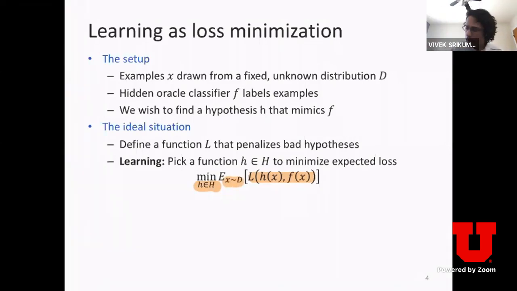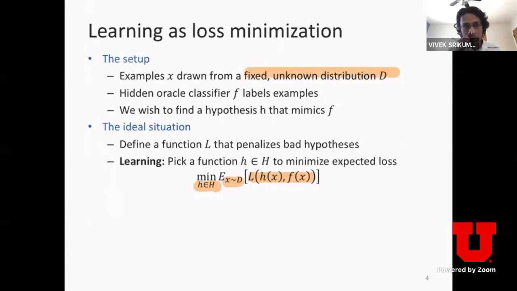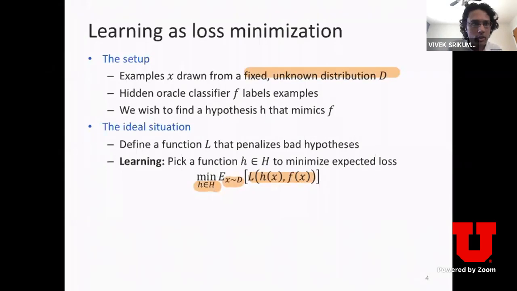So examples are drawn from this fixed and unknown distribution, and you compute the loss on all of these. If you knew this distribution, you could just compute this value L for each example or sample from that, and enumerate every possible hypothesis if computationally feasible, and find the one that has the lowest expected loss.